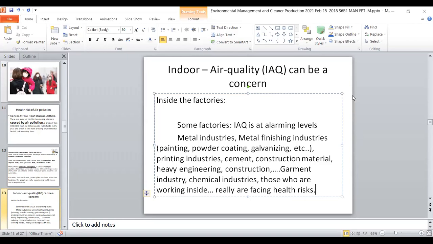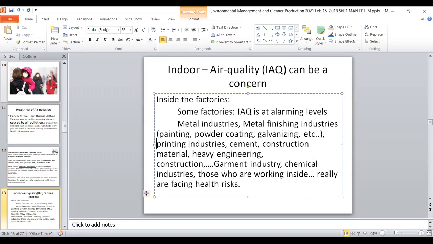So you imagine your parents, your elder brothers and sisters, those who are going to cities and towns to work in the factories, garment factories, refineries, everything.